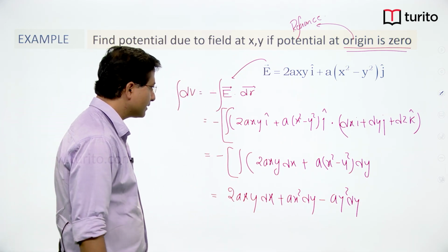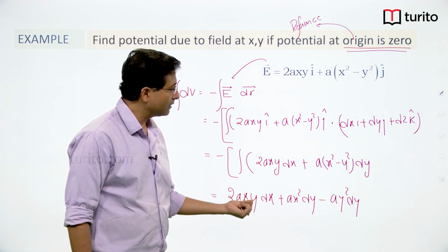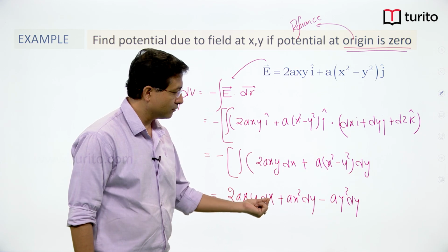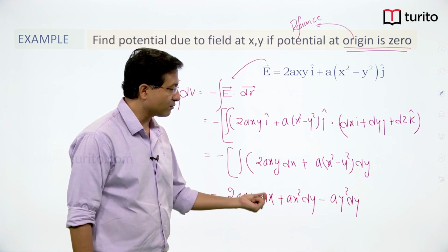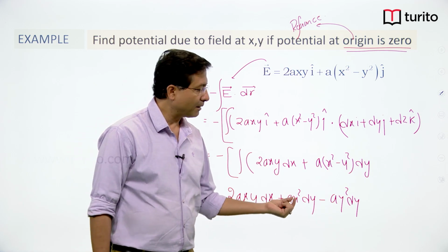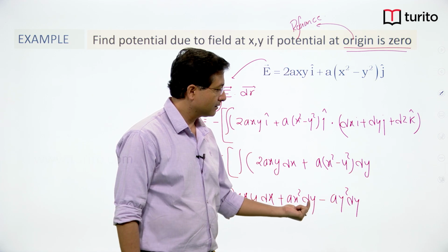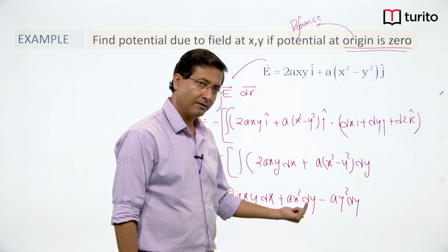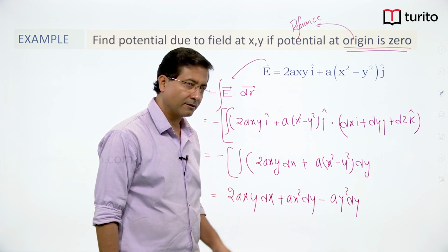Now the problem here is this term contains y and we cannot integrate this one with respect to x unless we know the relation between x and y. Same happens with the next one. Here x square is coming, but there we have dy. Again you cannot integrate this term unless you have the relation between x and y.